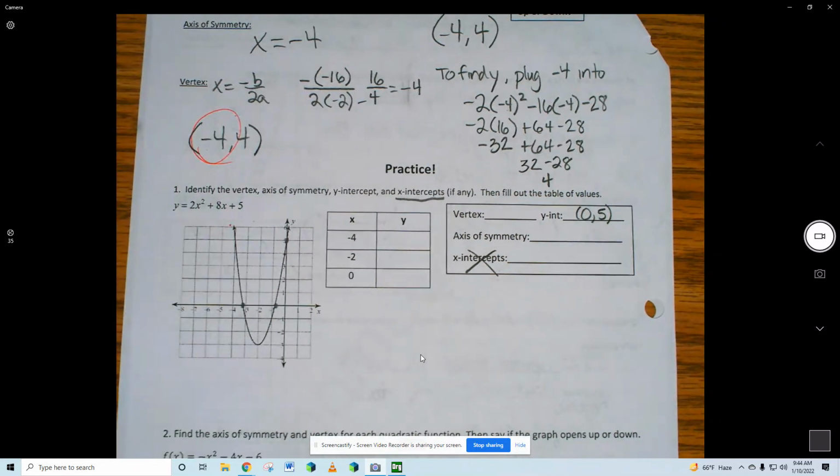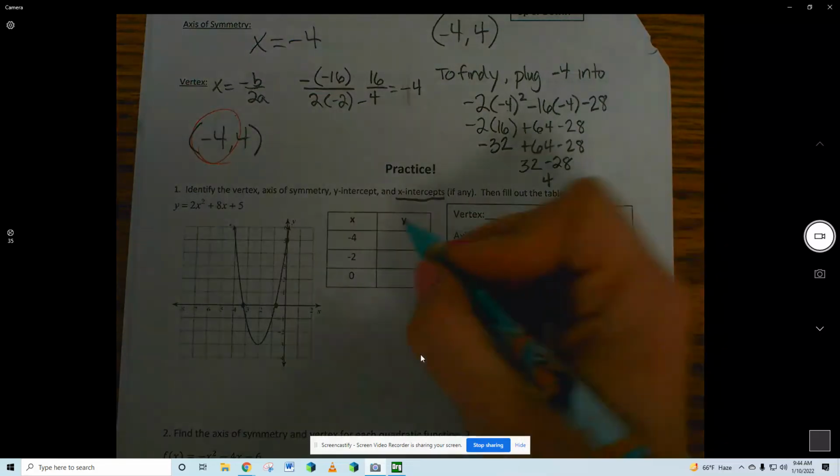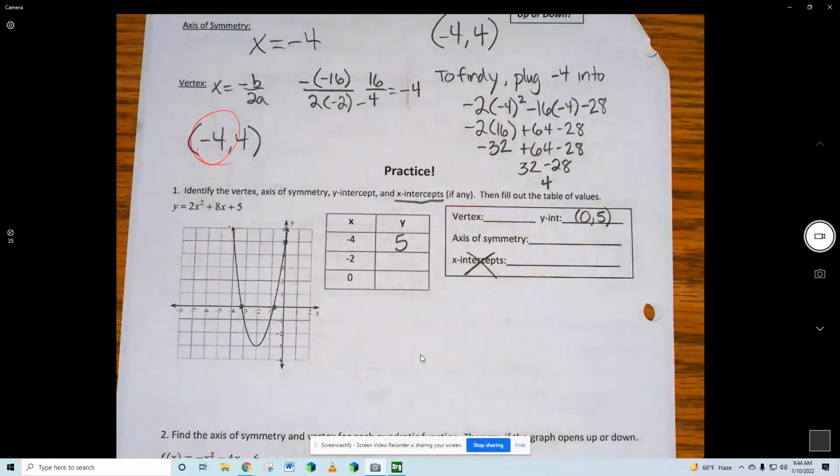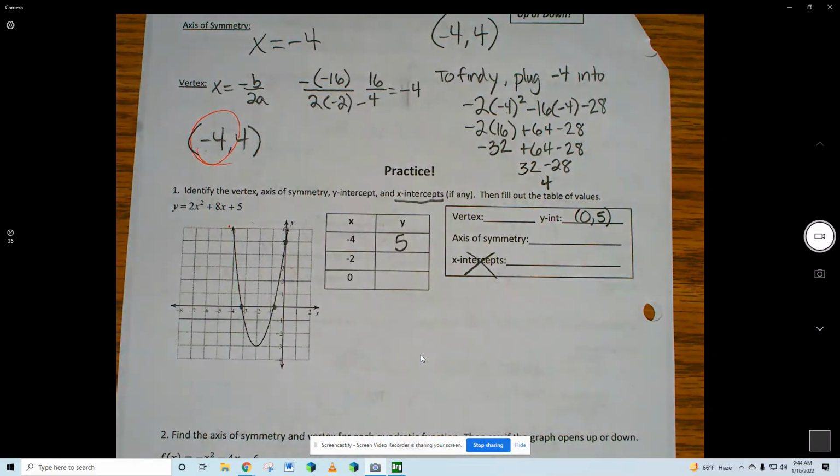And then you just look at the ordered pairs. When my x value is at negative 4, go to negative 4 along the x. Where's my y? It's 5. When my x value is at negative 2, go to negative 2, and where's my curved line?